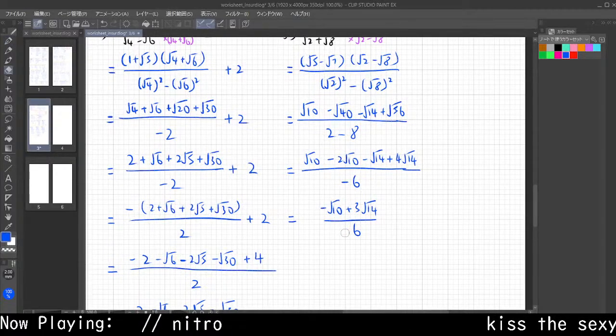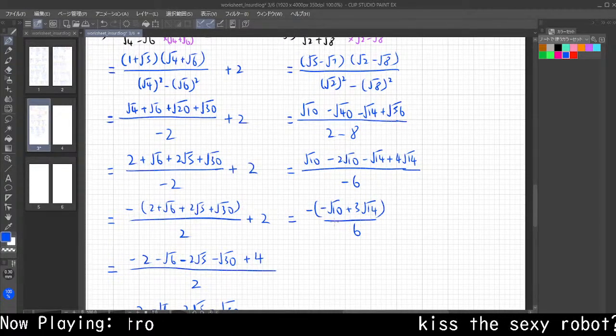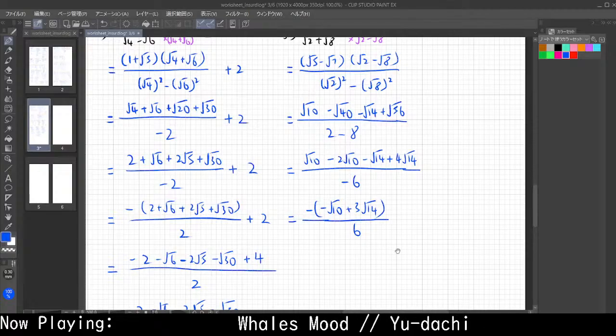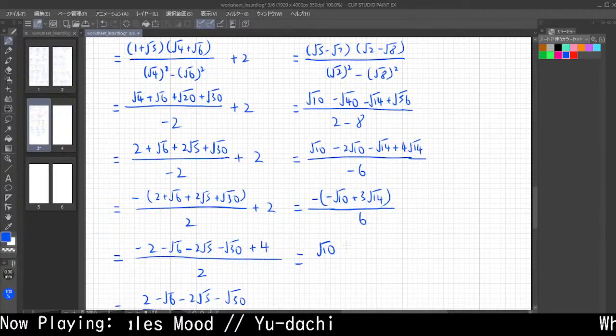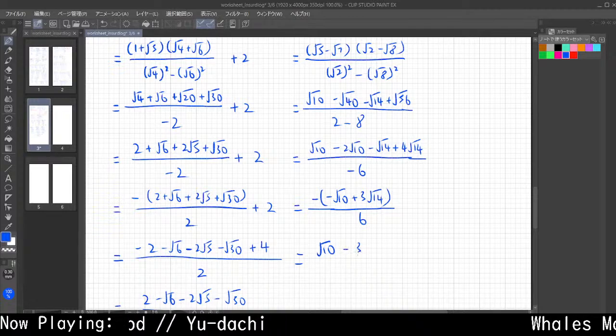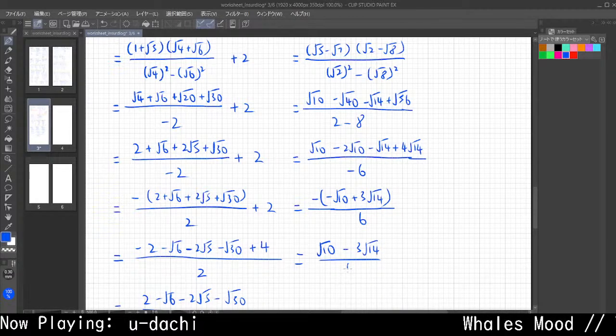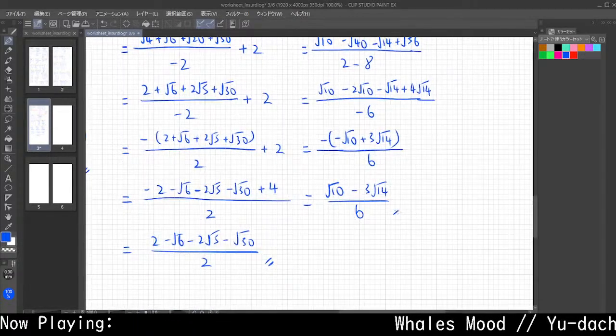Negative bring to the top. Multiply inside. Anything else you can do? Answer.